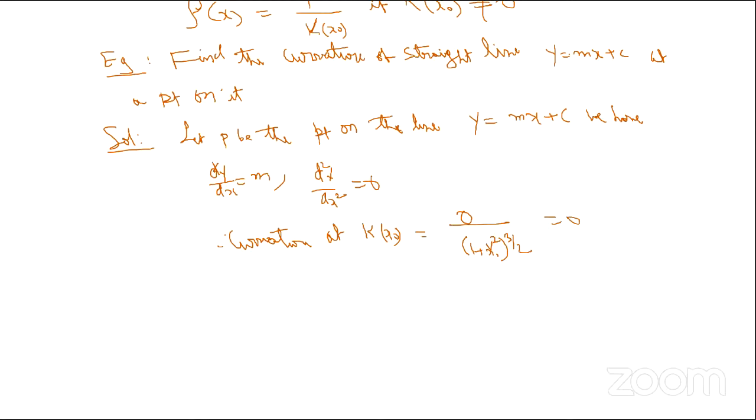Thus curvature at any point on the line is 0.